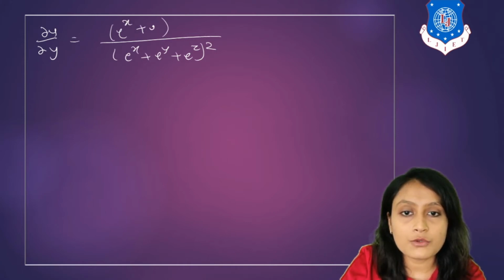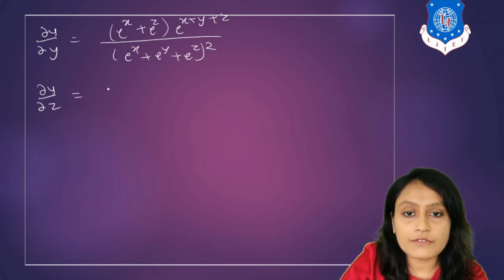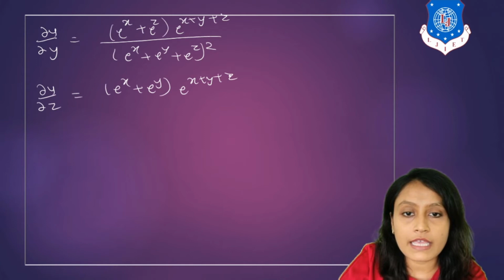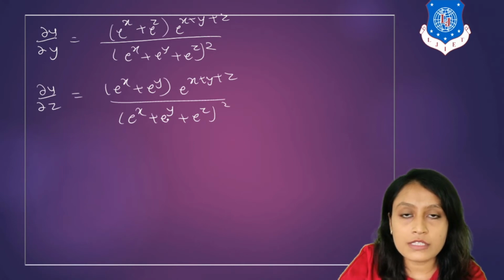So here we have e raised to x plus e raised to z, and here e raised to x plus y plus z. Similarly, we can write del u by del z. So it will be e raised to x plus e raised to y into e raised to x plus y plus z upon e raised to x plus e raised to y plus e raised to z whole square.